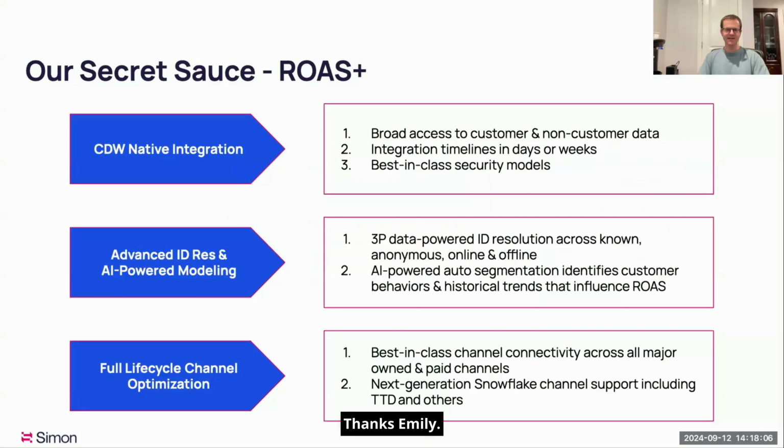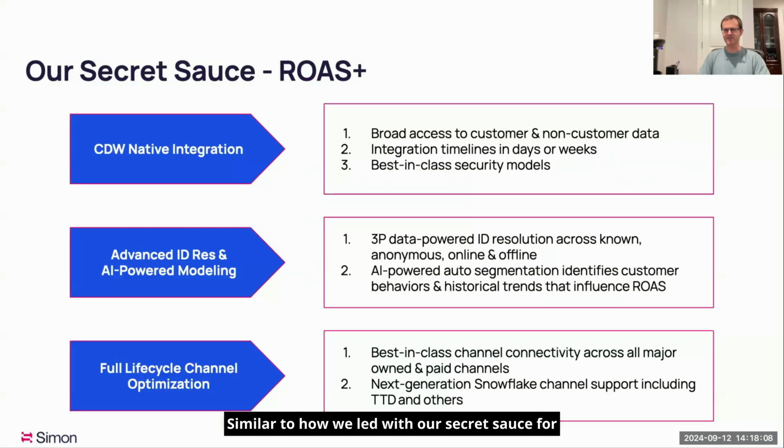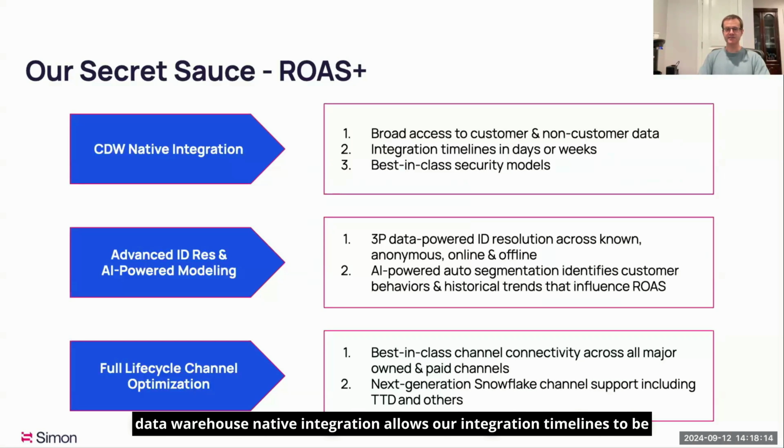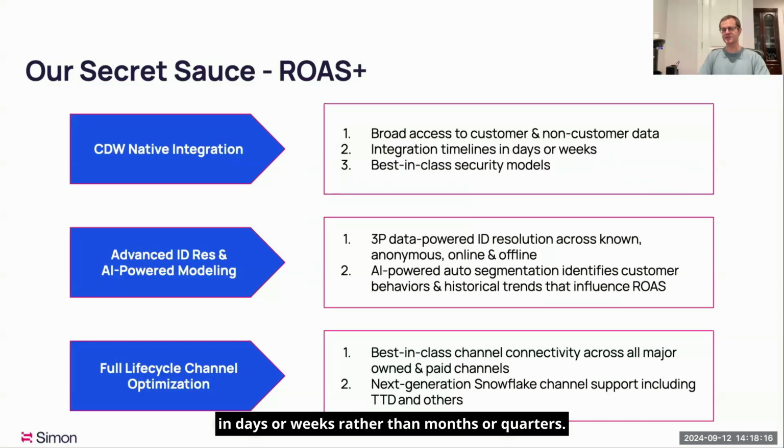Thanks, Emily. So similar to how we led with our secret sauce for ID Plus, let's do the same for ROAS Plus. First, our cloud data warehouse native integration allows our integration timelines to be in days or weeks rather than months or quarters. And all the while, it's giving you broad access to your organization's full data utilizing best-in-class security practices. And that enables identity resolution across both known and anonymous users, utilizing both online and offline data.